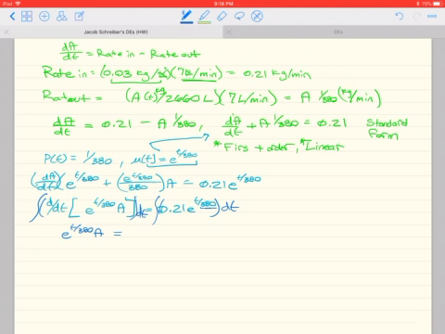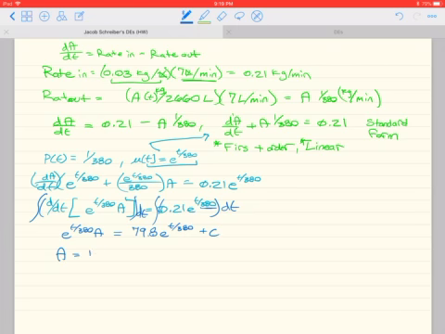We just have to multiply the numerator of the power to the beginning of this term. So we have 0.21 times 380, and that's going to give us 79.8 e to the t over 380. And then our constant of integration as always.